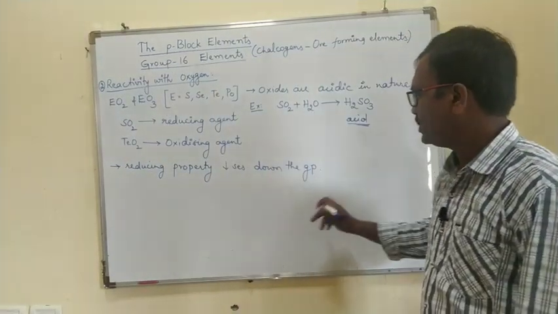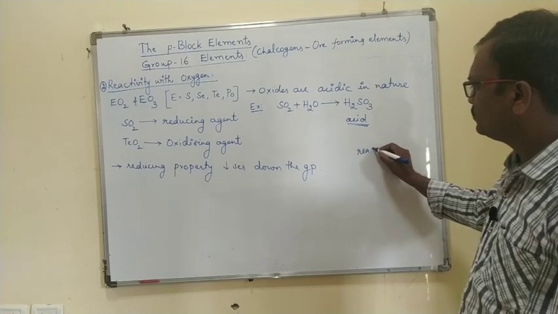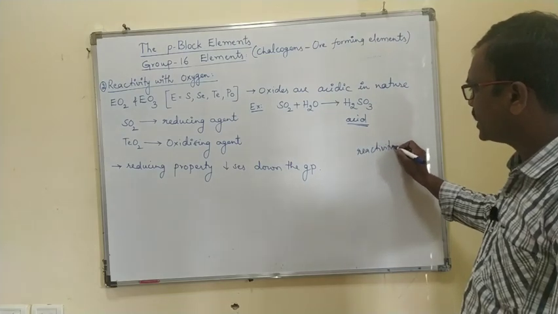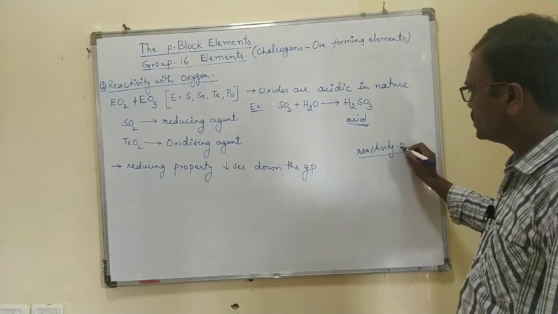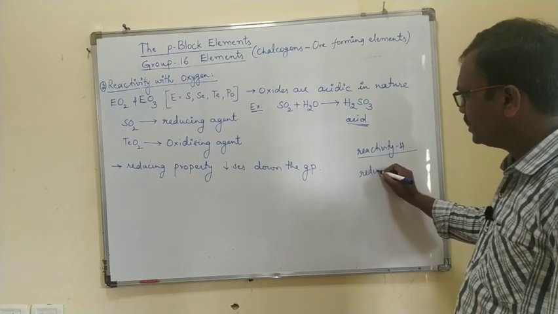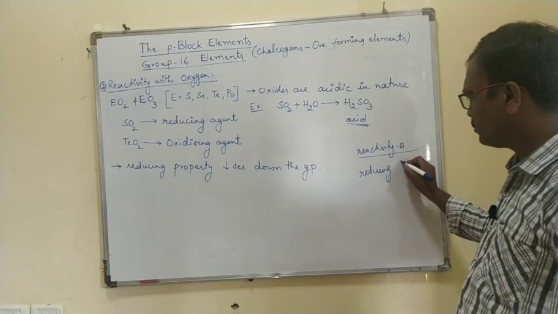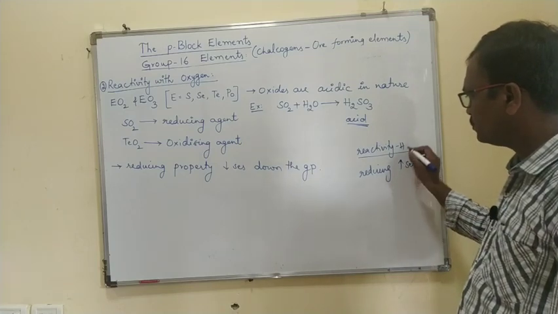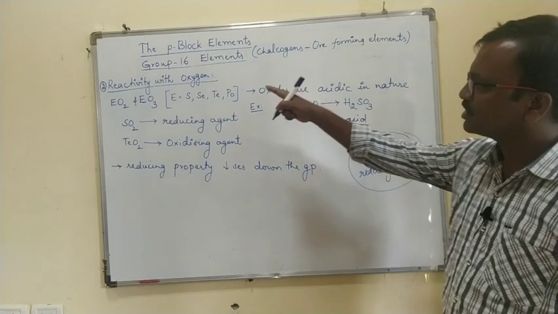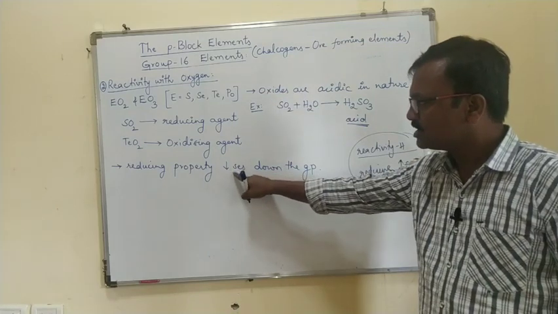So when you take reactivity with the hydrogen, I explained very clearly, right? What is reducing property? Giving the hydrogen to other substance. Reducing property increases down the group. When compared to oxygen, the reducing property decreases down the group.